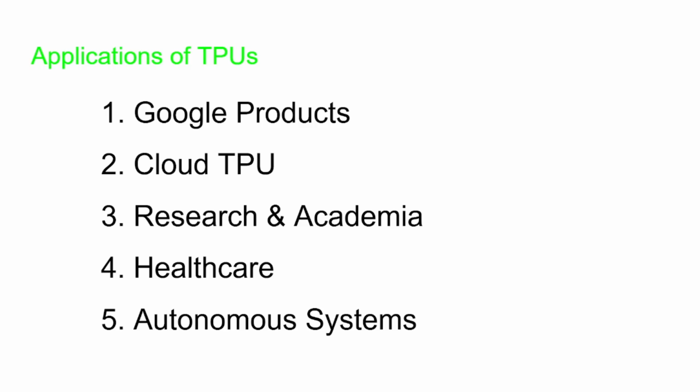Here are some of the applications of the TPU, like Google products, Google Cloud, TPU research and academia, healthcare, and autonomous systems. In Google products like Google Translate, Google Photos, Google Search, and Gmail, it improves real time translation, image recognition, ranking or query understanding, smart composing, and spam detection.